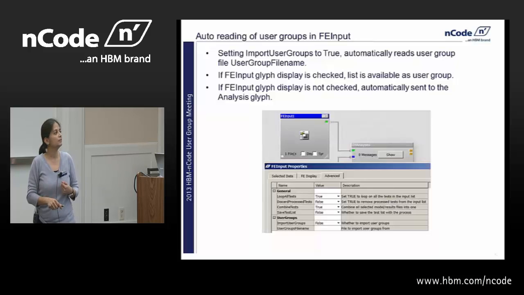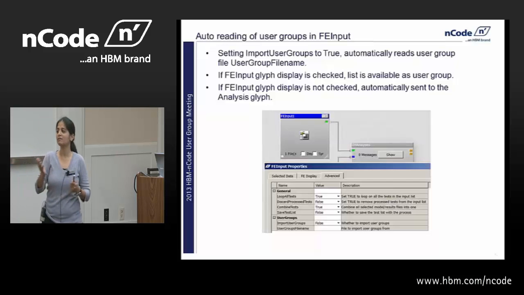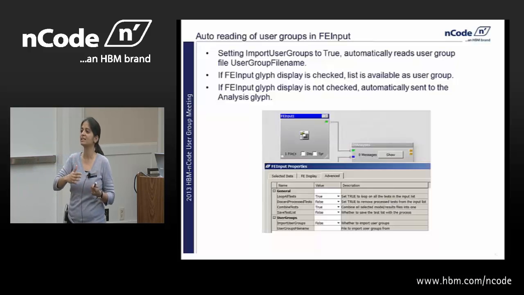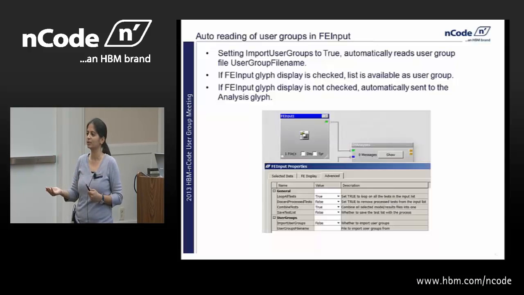If display is checked, it will automatically show that in your group listing. If display is unchecked, then it passes that user group to the analysis glyph. So it is useful if you have a pre and post like Hypermesh or ANSYS that is actually making these user group ASCII files for you.